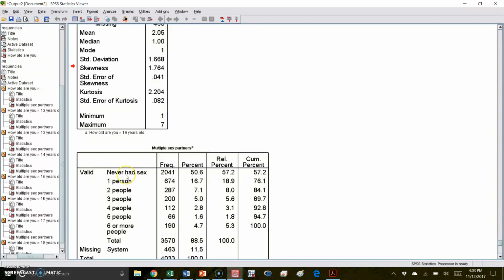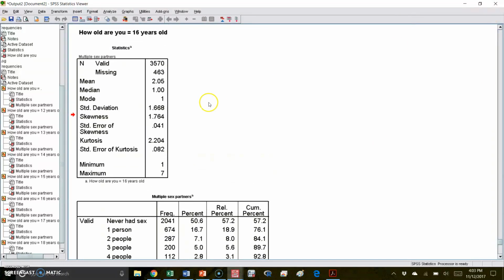So a 1 means someone never had sex, a 2 means one person, 3, 2 people, and so on. If we look at the descriptive statistics here, we see that the average, the mean, is 2. So here we would say that the average 16-year-old person in the United States has been sexually active with one person. Now, we have to think about this number, though.